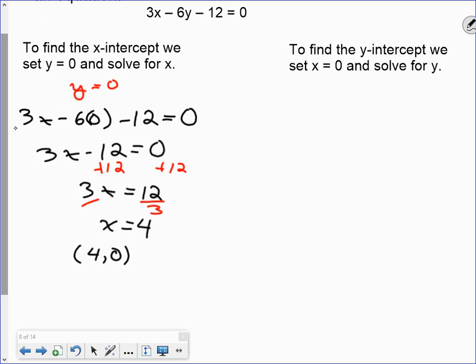We can do the same kind of thing to find our y-intercept. We can set x equals to 0. And our equation will become 3 times 0 minus 6y minus 12 equals 0. So 3 times 0 is just gone.